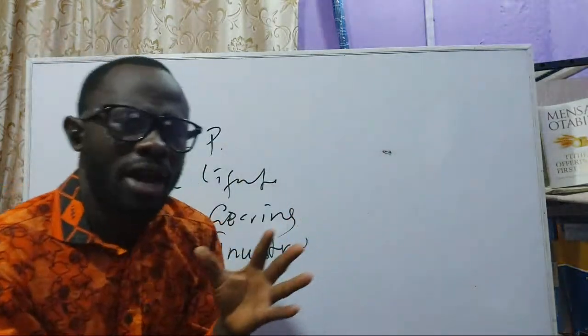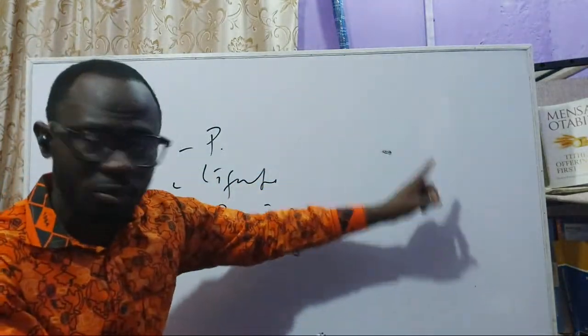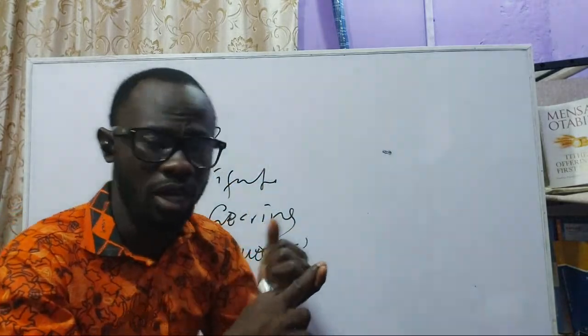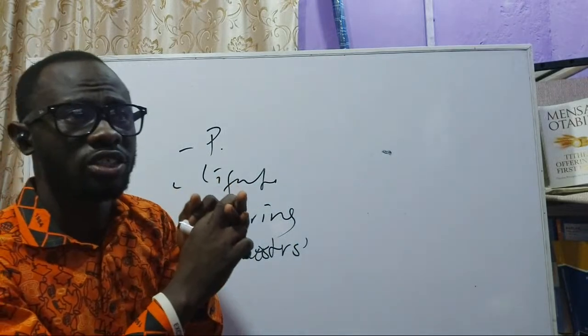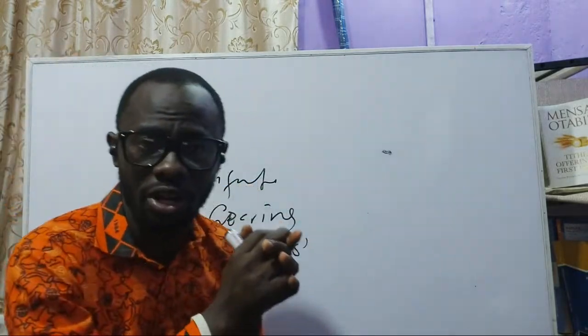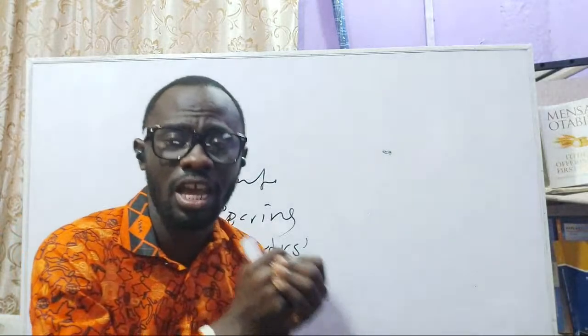Now, if you remember my interpretation guidelines that I listed here, I spoke about changes in demand, changes in sales, changes in cost of sales, changes in operating expenses, and changes in capital employed.